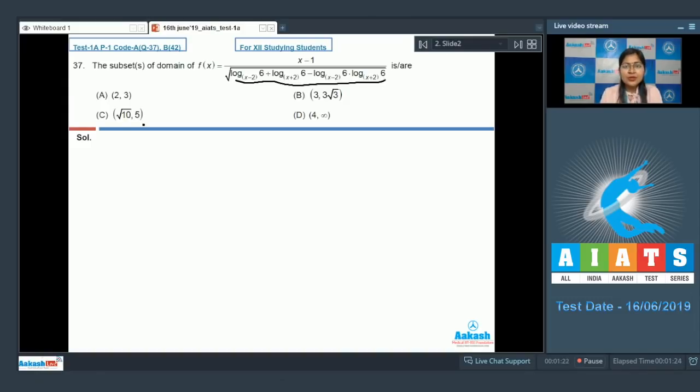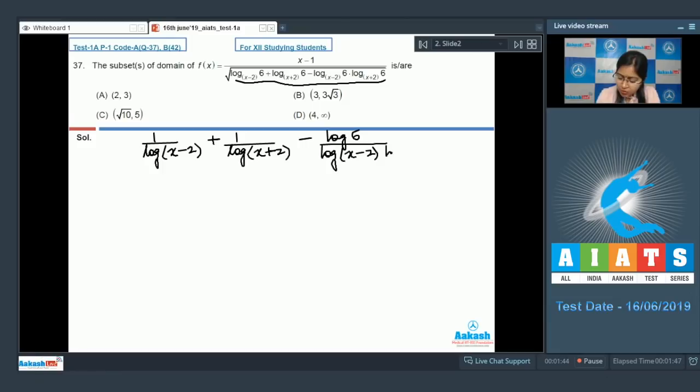Log 6 can be taken out and can be cancelled because it is positive, right? So we are left with 1 divided by log(x minus 2) plus 1 divided by log(x plus 2) minus 1 by log 6, which will be cancelled, and 1 can be written as such, divided by log(x minus 2) log(x plus 2).